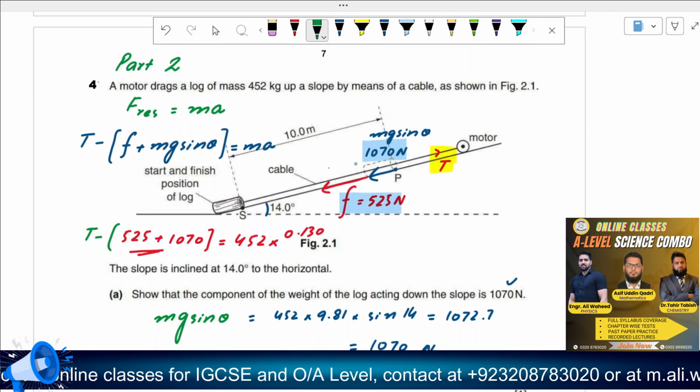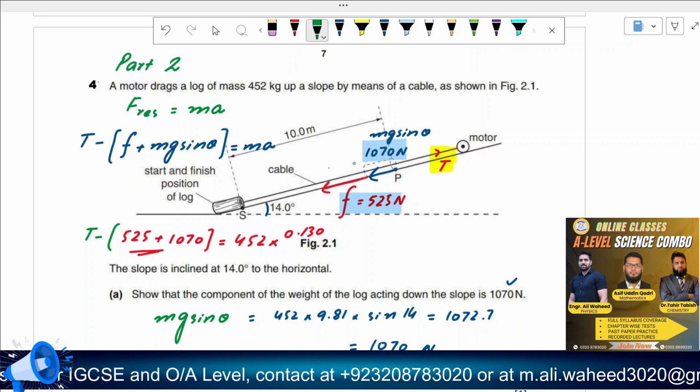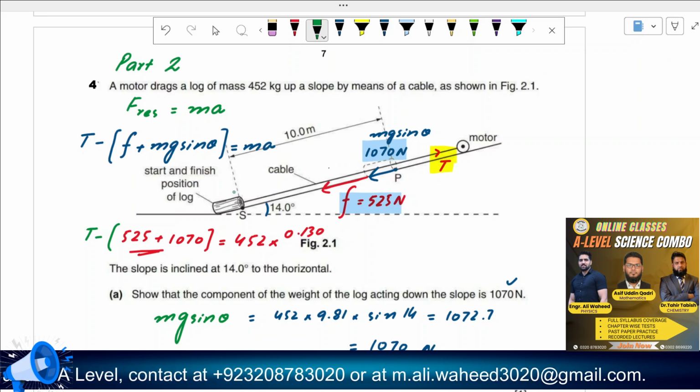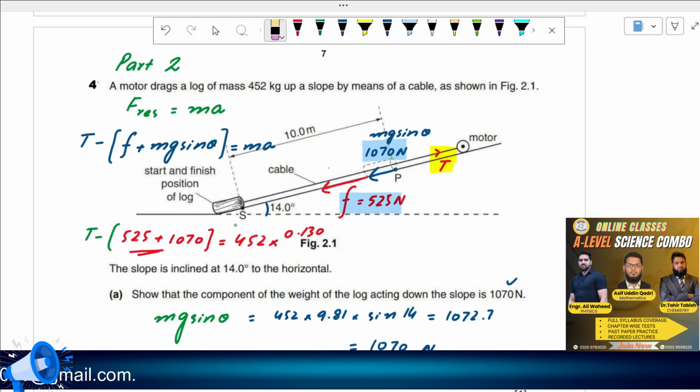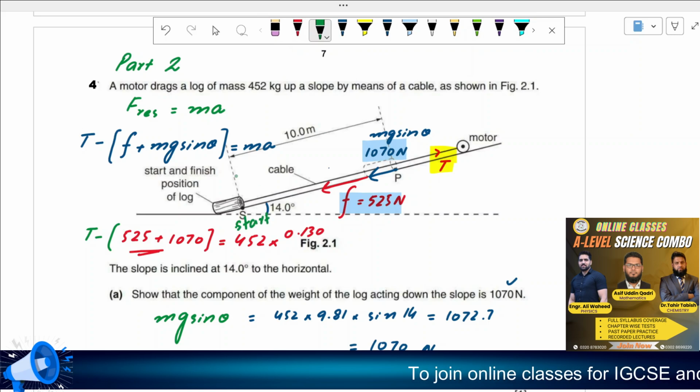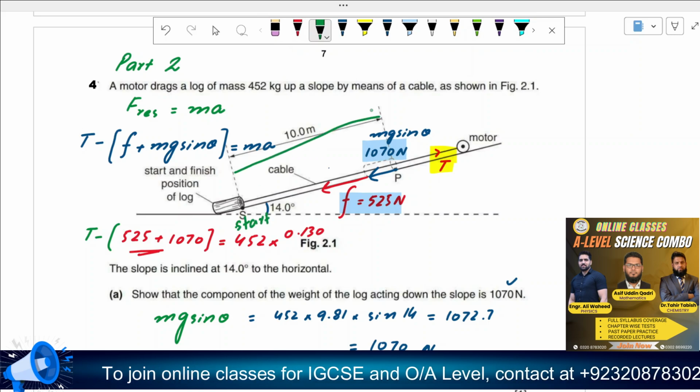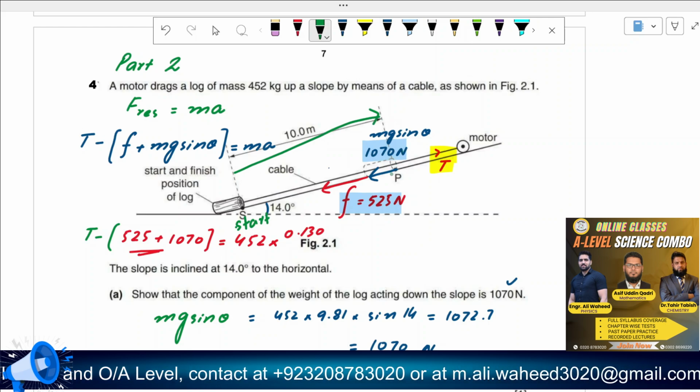So initially, at the start, let's talk about the motion. It is at the point S. This is the start point. It goes to the point P, then the cable breaks at the point P.